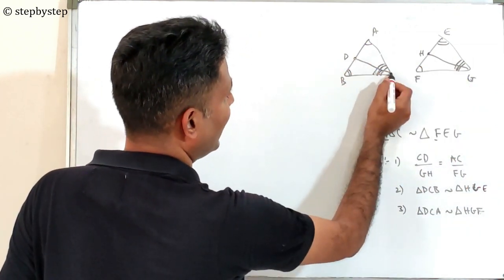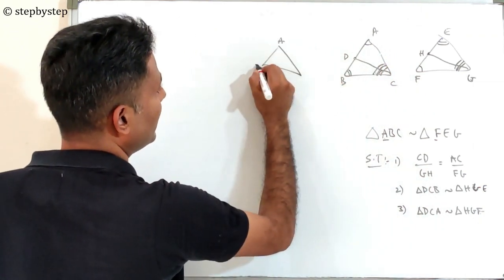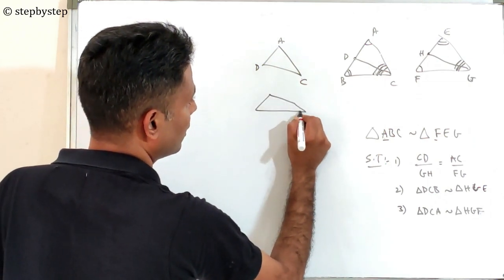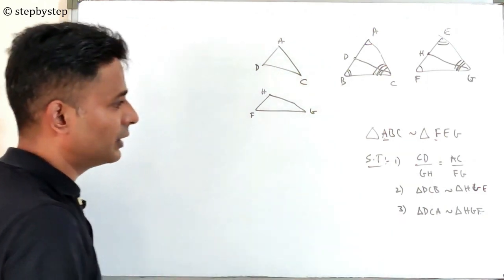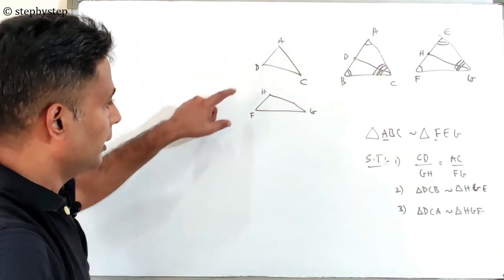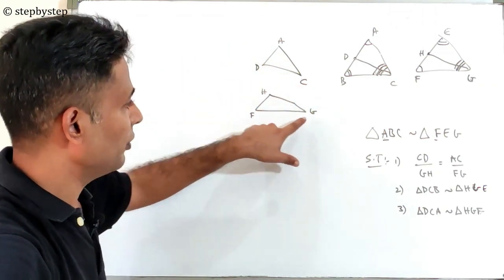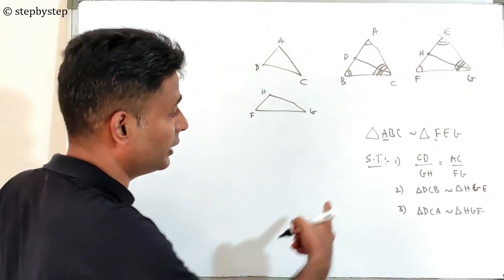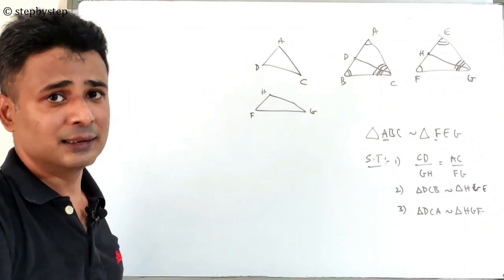So CD and AC. Which two triangles do we have to take? We have to take ADC and HGF. If we have to prove that the ratio of these corresponding sides is equal, we have to first prove these two triangles are similar.